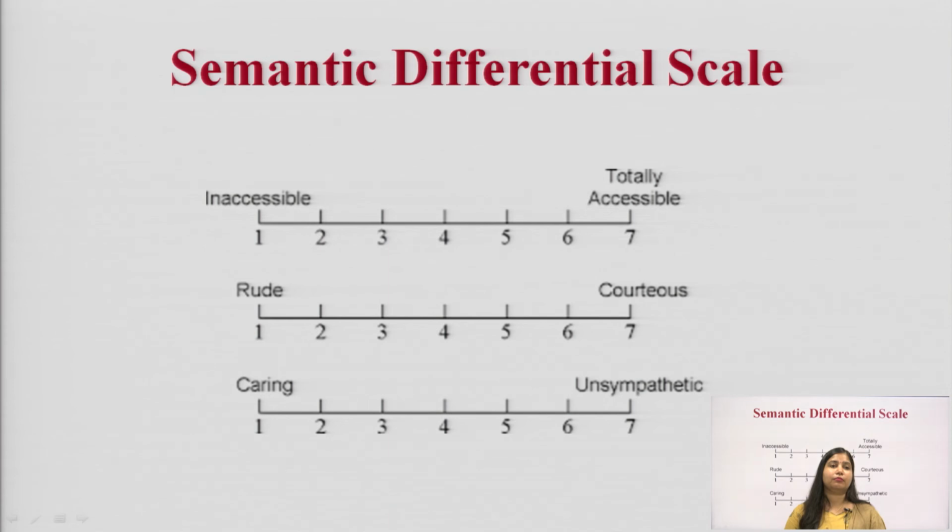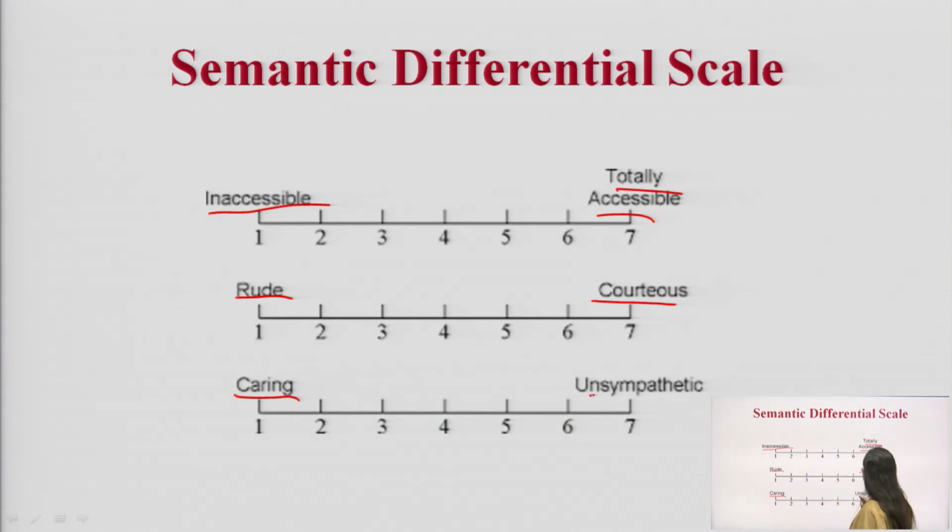These are some other examples. You may rate people as rowdy or courteous, or a product as inaccessible or totally accessible. If you talk about people's characteristics, they are very caring or unsympathetic.